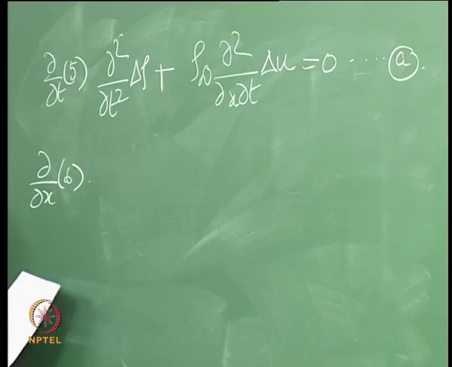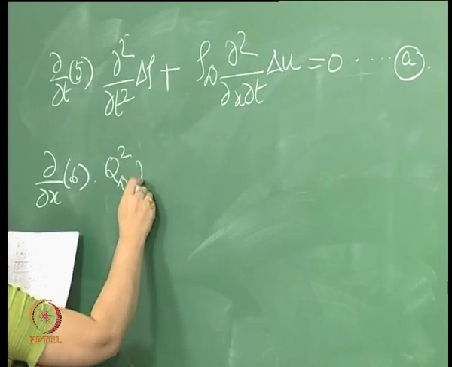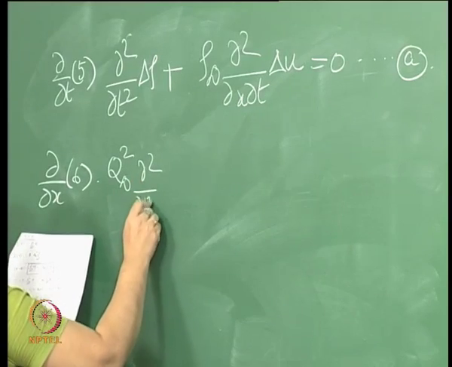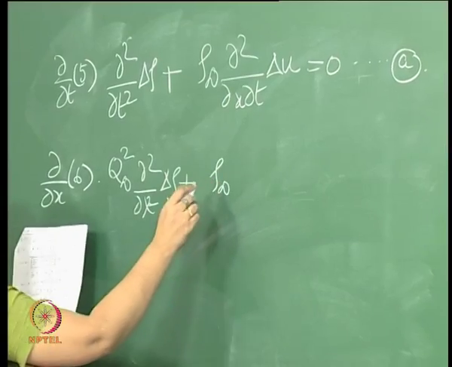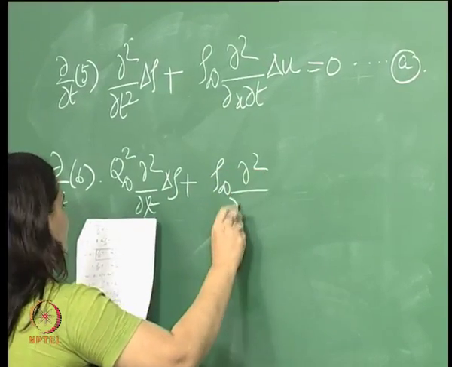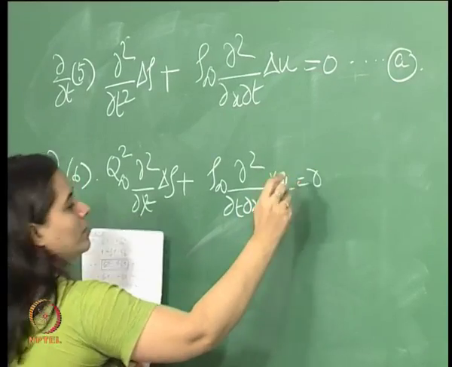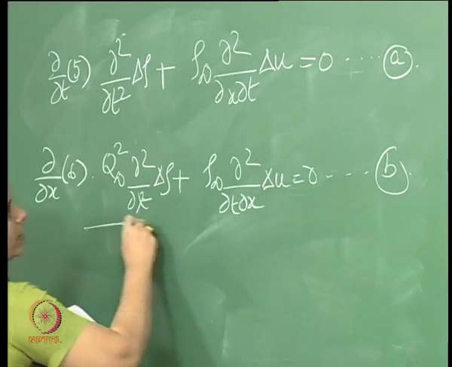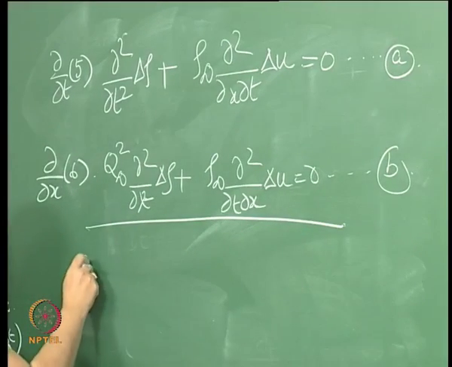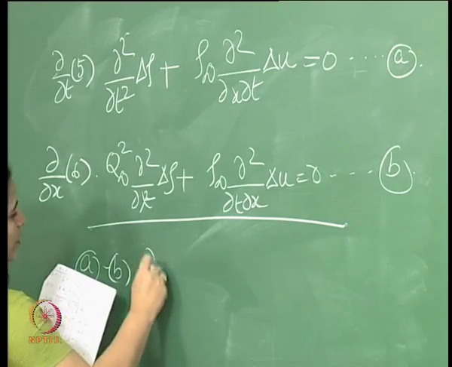If I do that, what I get is... Now once I do that, I subtract equation a minus b, and what I get from there is this.